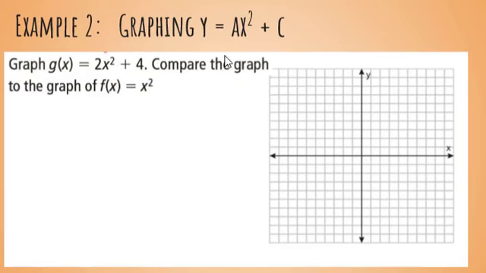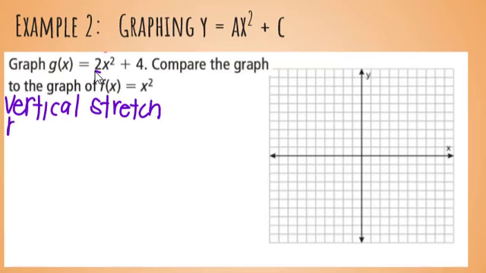So example 2 is graphing y equals ax squared plus c. So we're going to have that transformation that we were looking at in 8.1 as well as this new transformation up or down. So when we're making our comparison, first we're going to look at this 2 that's in front of the x squared. This is going to give us a vertical stretch by a factor of 2.